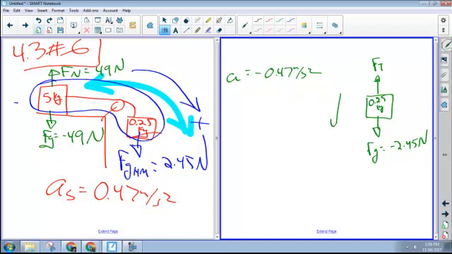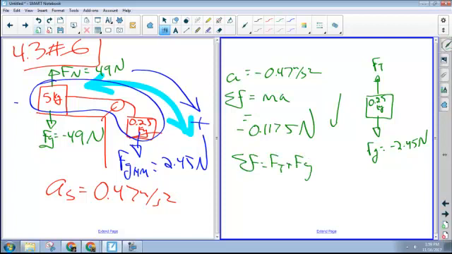And so our net force is mass times acceleration, so that's going to give us negative 0.1175 newtons. Good? And so now net force equals Ft plus Fg, so we got to solve this thing.